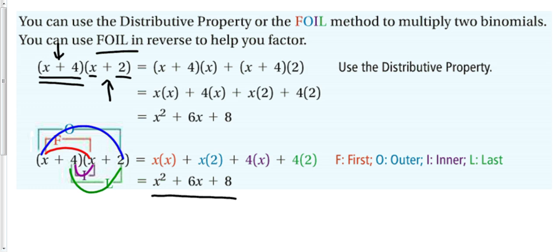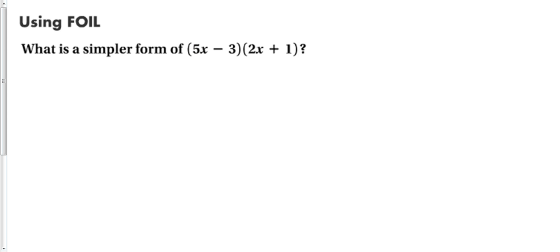Okay? So let's practice with the FOIL one time. Okay? So let's FOIL these two binomials together. I call them binomials because each of them has two terms. Okay? So let's do it. First terms. So that's going to be 10x squared. Outside, it's going to be the 5 times the 1, which gives me 5x.